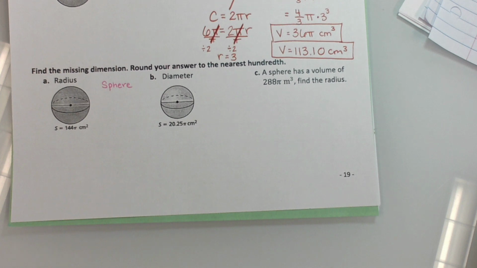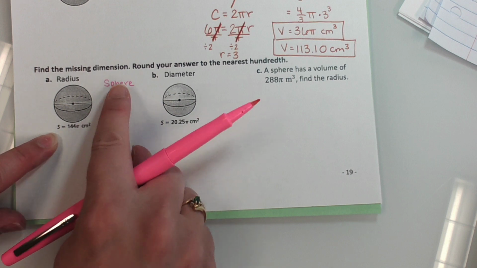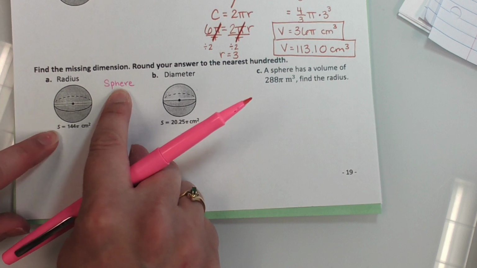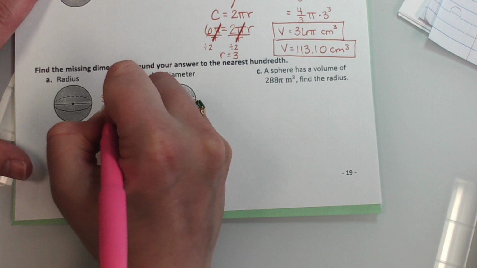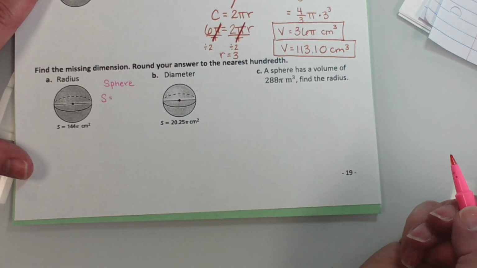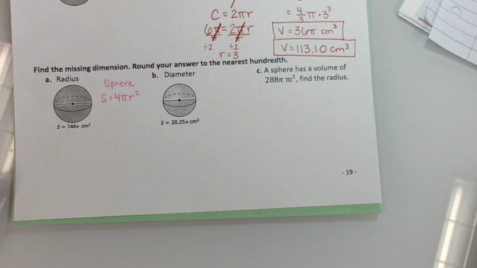You identify what I told you about the shape. I'm telling you a surface area, so you find the formula from that shape that works with that idea. Sphere's surface area formula. Surface area equals 4 pi r squared. You recognize the formula, you plug in what you know.